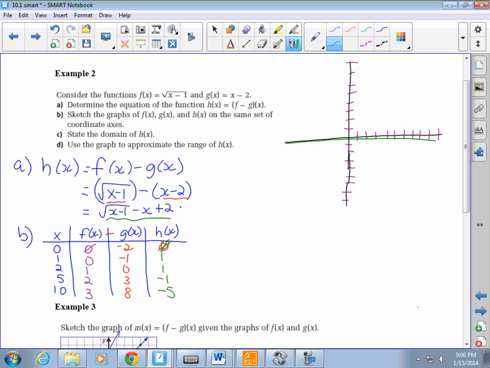I have my arrows at the end of this, so I'm drawing this properly. My first 0 was undefined, so I can't draw that one. 1 and 0 puts me there. 2 and 1, 5 and 2, and that should be going in a straight line.